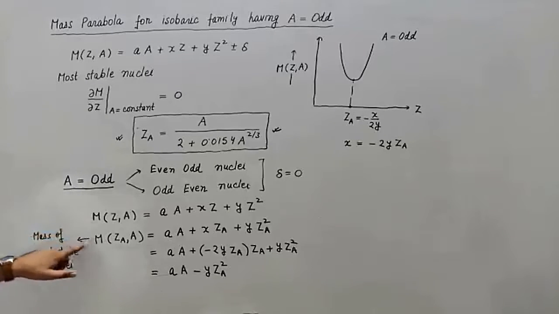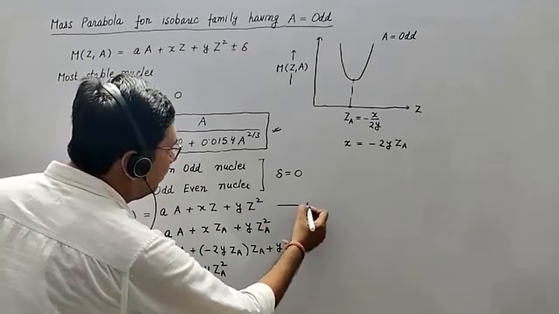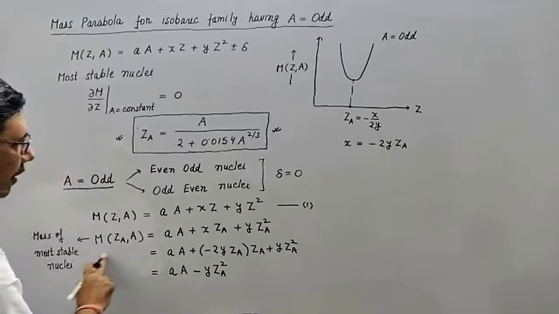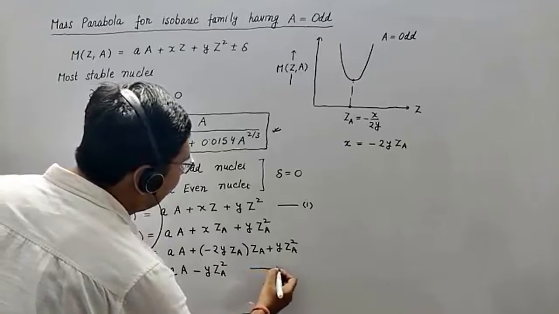Now take the difference of these two, so basically subtract these two equations. The first equation is for the mass of the nuclei, and the second is the mass of the most stable nuclei in an isobaric family.